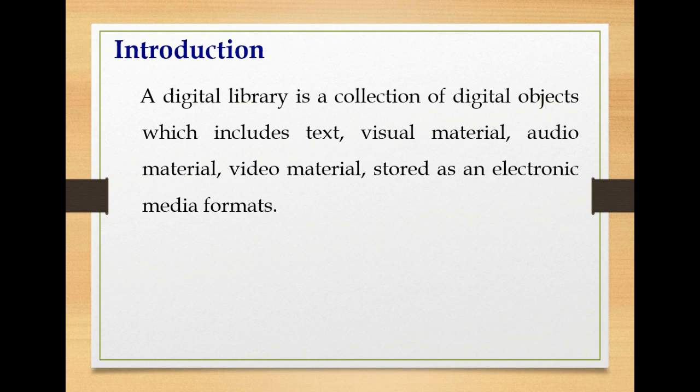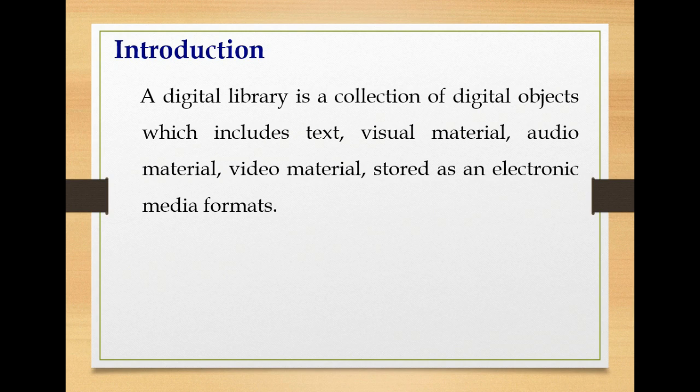In my opinion, a digital library is a collection of digital objects which includes text, visual materials, audio material, video material stored in an electronic media format. Nowadays we are using computers, and I think most of the job is done with the help of computers. So whatever we do, we produce the output in digital format.